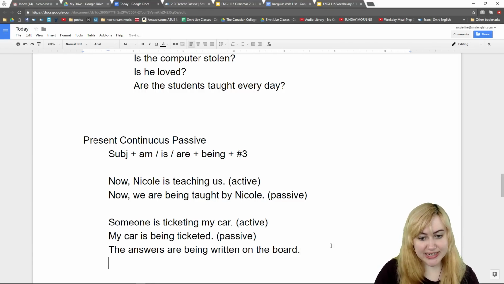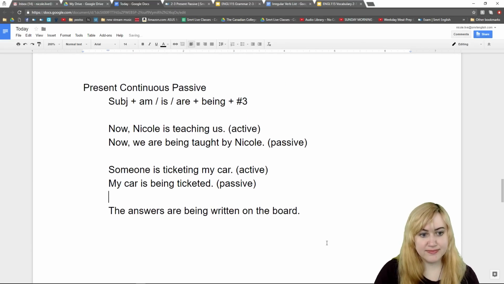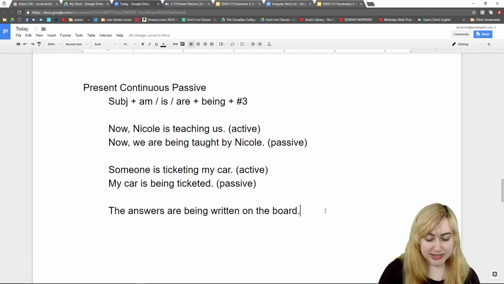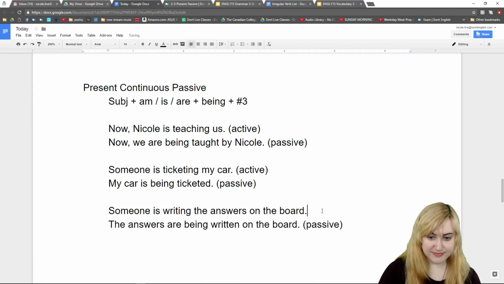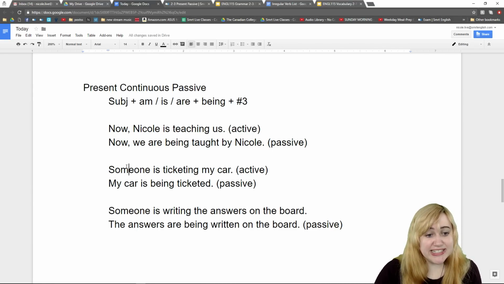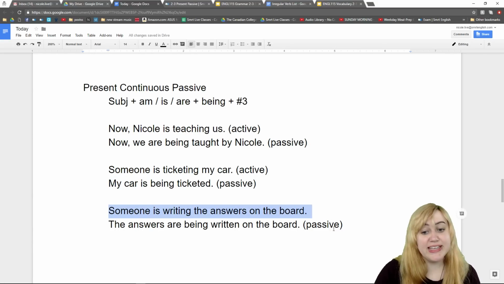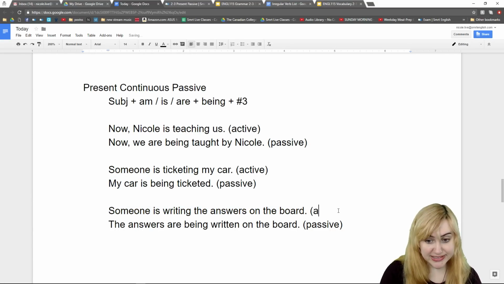And then the last one here, the answers are being written on the board. Again, that's passive. The active form would be someone is writing the answers on the board. But here I just didn't say someone in our passive examples.